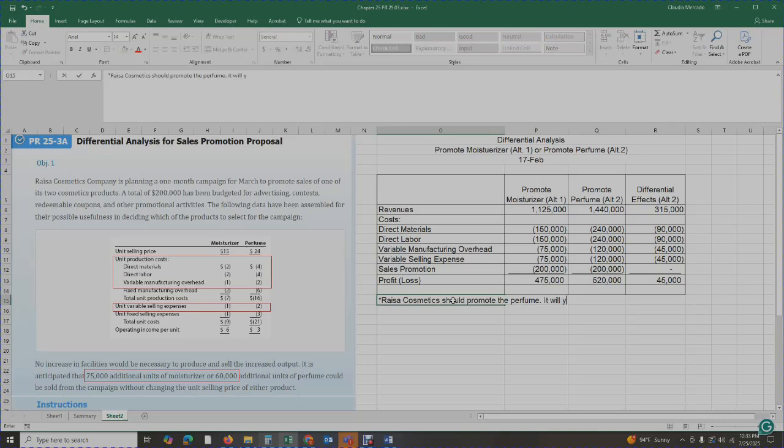It will yield a higher profit than going with the moisturizer. Based on our calculations comparing our revenues and our costs, if we go with option 2, it's going to yield a higher income by 45,000 over option 1.